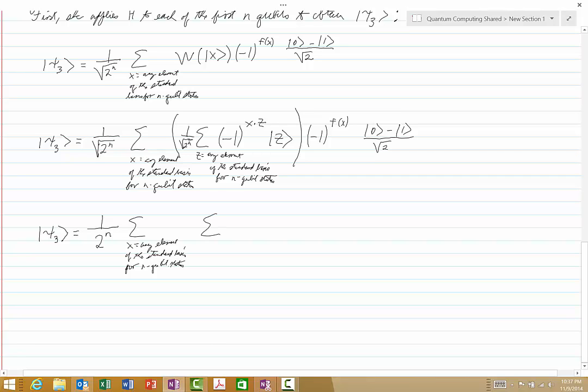And the summation z is any element of the standard basis for n-qubit states.